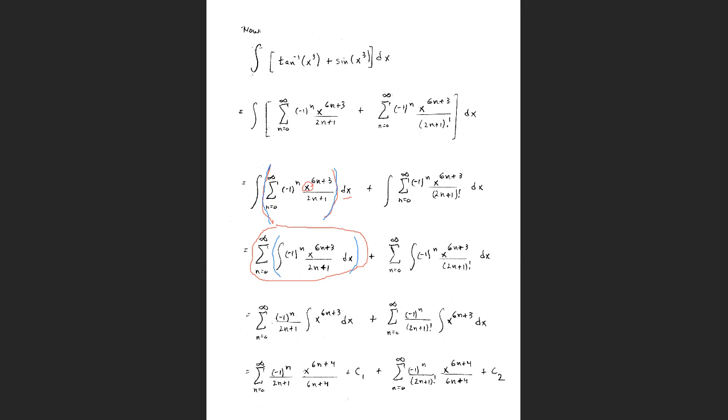And this is the kind of work I would want to see for your final exam. Your final exam, you're going to have problems like this, and I would want to see this work. I need to see that you understand the concepts. So you can't go from this step down to this step, right?